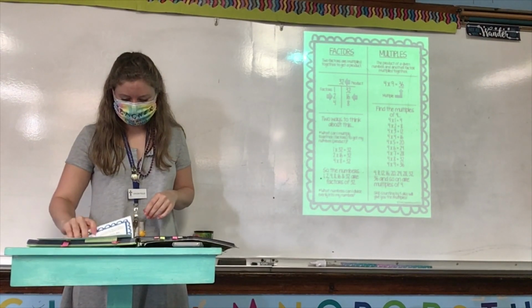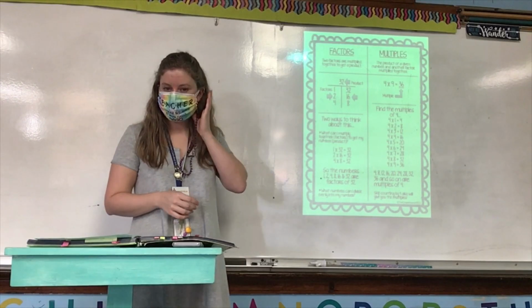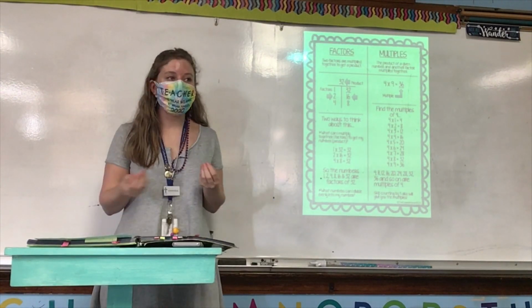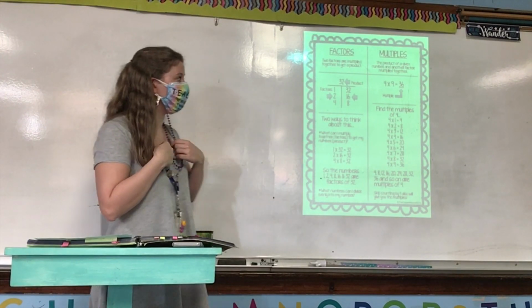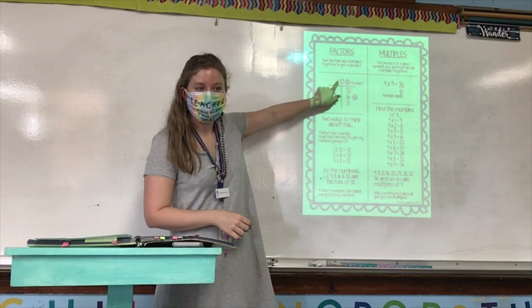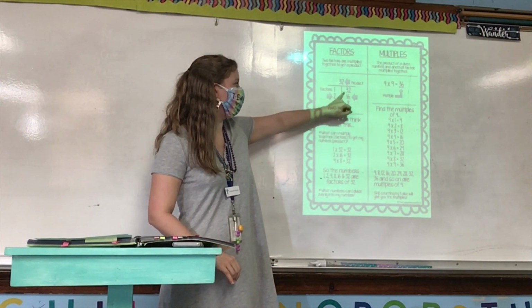Factors are two factors that are multiplied together to get a product. Good. So factors are the parts of the multiplication problem that you multiply together. For example, we have the number 32. Well, we know to get 32, we have to multiply 1 times 32.